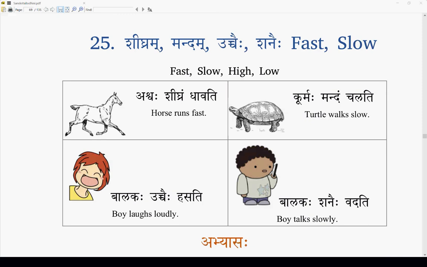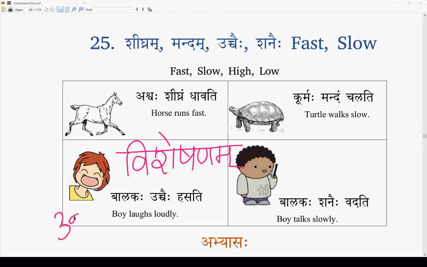So that becomes the Visheshanam. Because this Visheshanam, which we said unnataha, is describing the balaka or the boy.